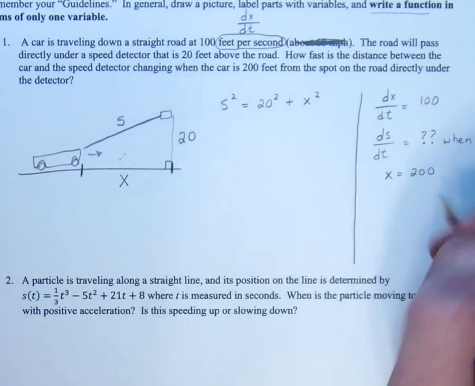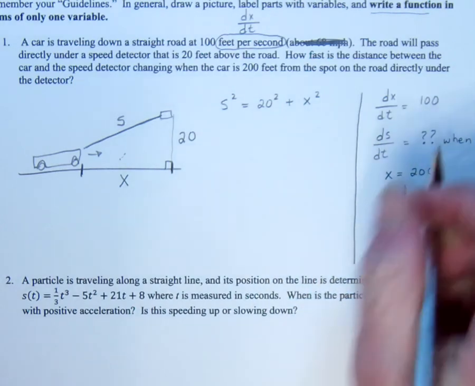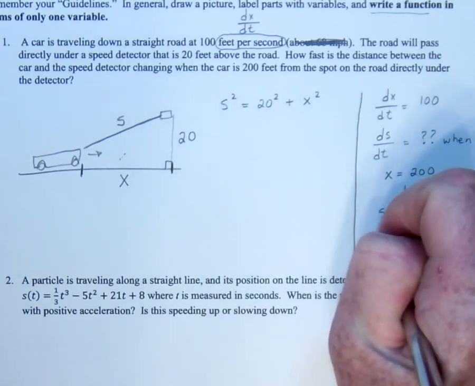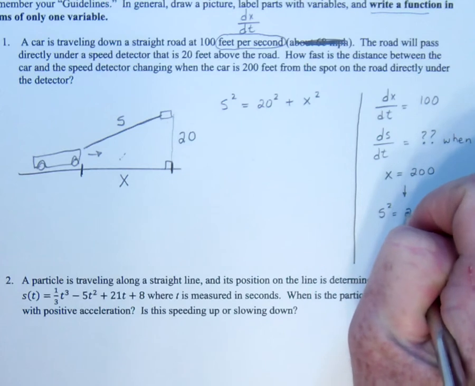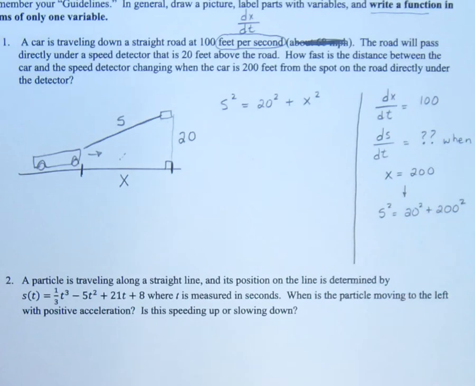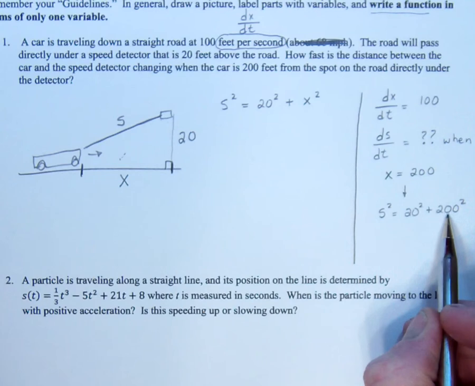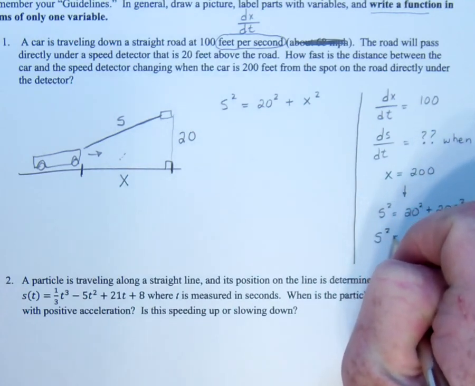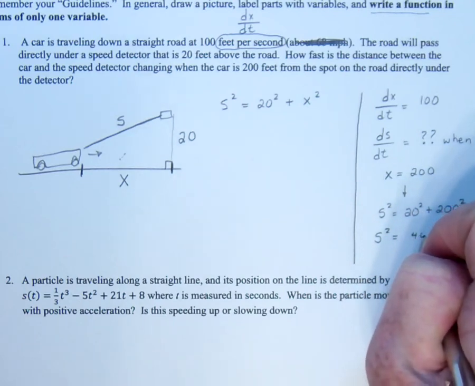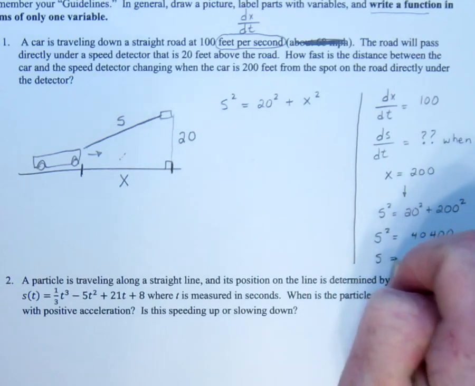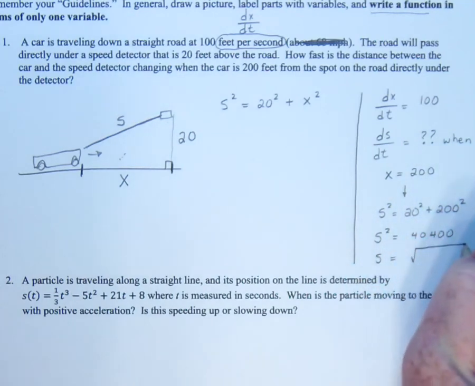So with the algebra, what I can do is substitute 200 into this equation over here for x, and it would say s squared is equal to 20 squared plus 200 squared. So that is 40,000, and that is 400. So s squared equals 40,400. And then when you take the square root, you should say plus or minus the square root of 40,400.